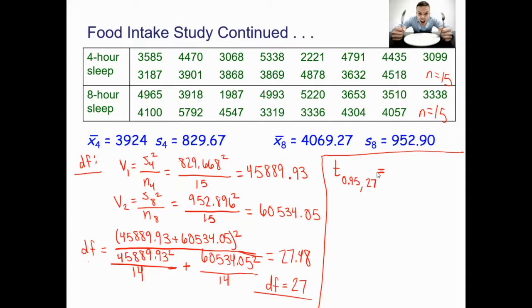You're looking at it. It is on the tables, yep. Is it equal? Is H not equal? Not sure if you can do that on the calculator or not. There's probably a way. I just don't know of the way. 2.052. That's right. That's our critical value.